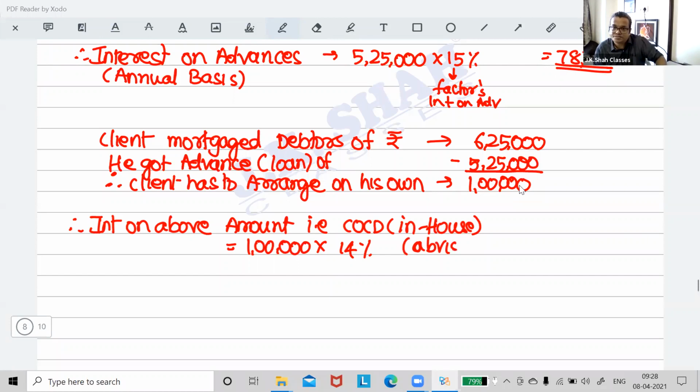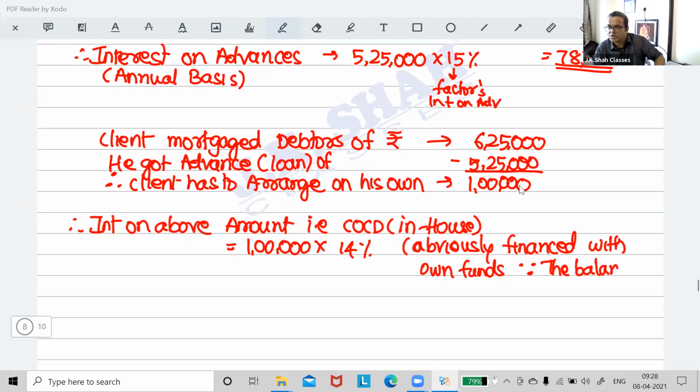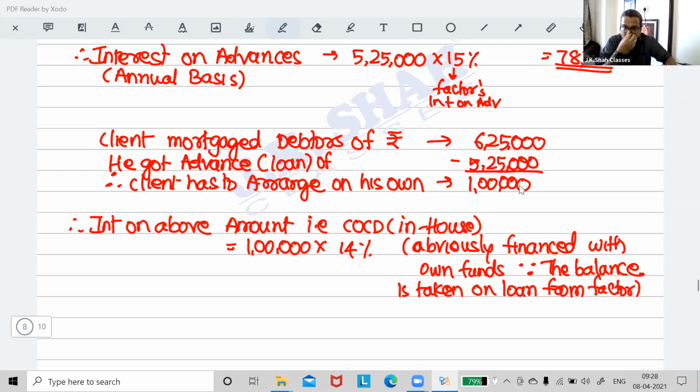Obviously, financed with own funds since the balance is taken on loan from factor. This will come to 14,000.